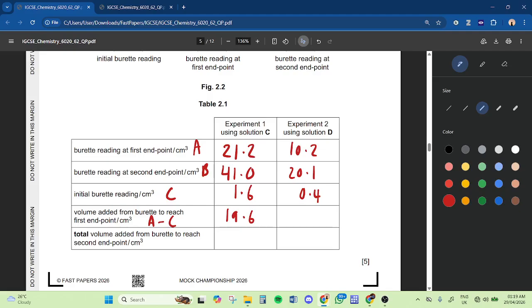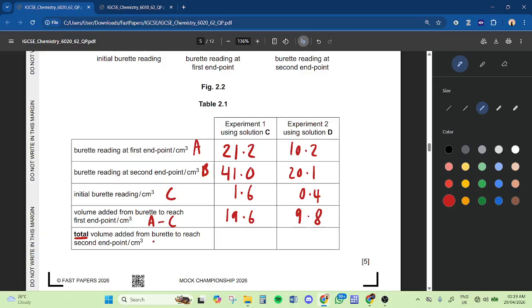Again, no need to add cm³ because these are already mentioned over here. Same thing for here. This will be A minus C. So 10.2 minus 0.4 is going to give you 9.8. Now they're asking for the total volume added from the burette to reach the second endpoint. So this is important. That's why they highlighted this, so you don't miss it. They're asking for the total.